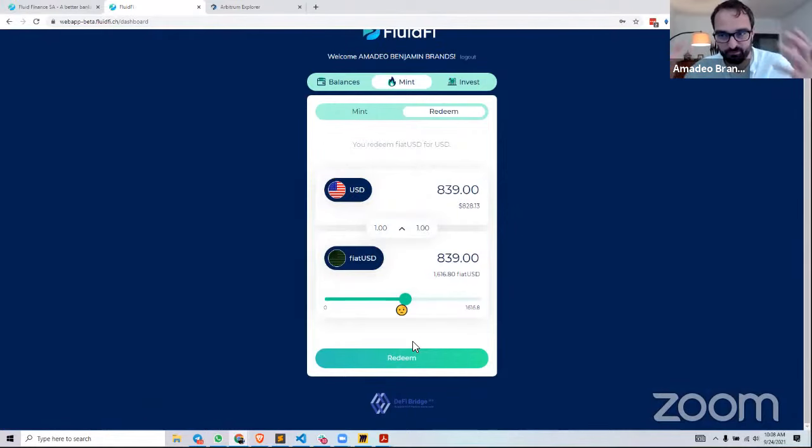Then that proof of that burn is sent to a contract, and then that contract triggers an actual fiat transfer from the DeFi Bridge DAO treasury account to the Fluid Finance account, where we then on the back end see okay, this account with this Ethereum address sends in this amount of burn transaction, and then we see that fiat money is coming in, and then we correctly distribute that to the correct account.